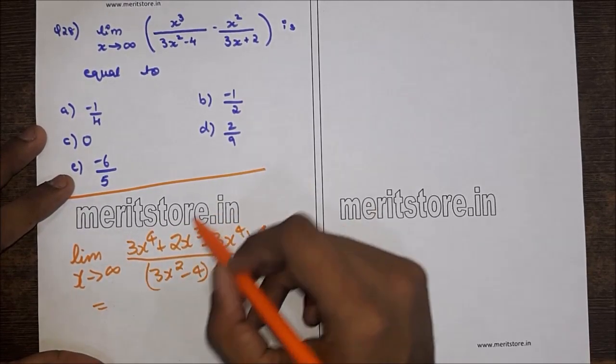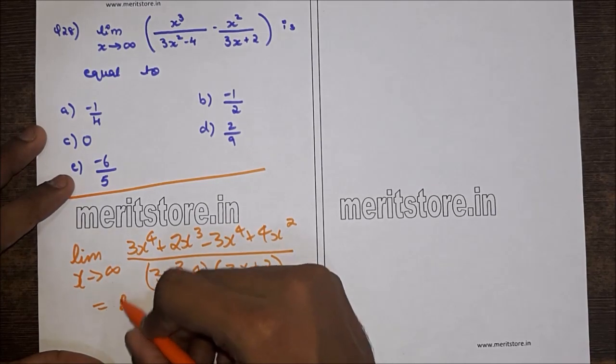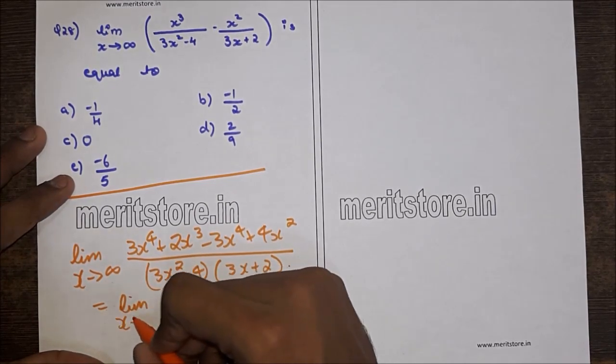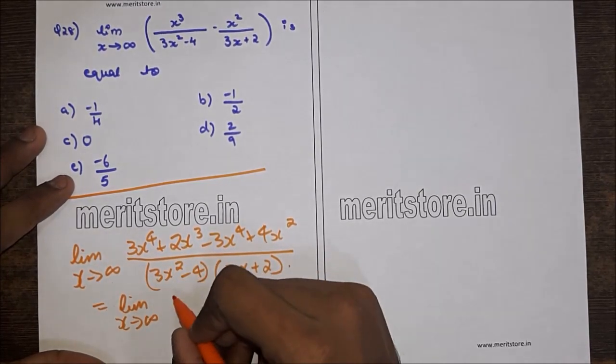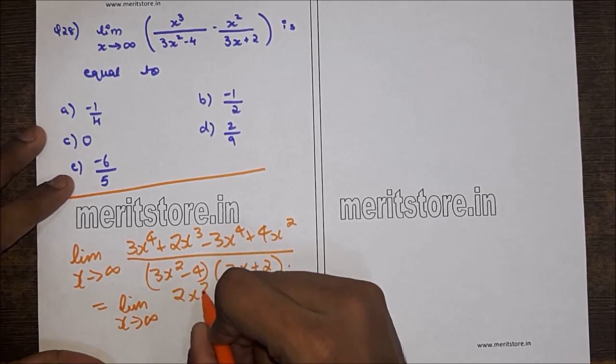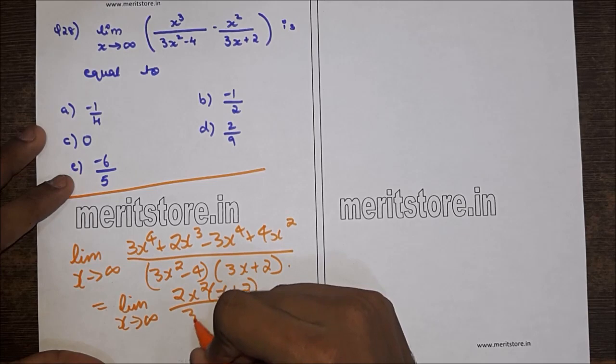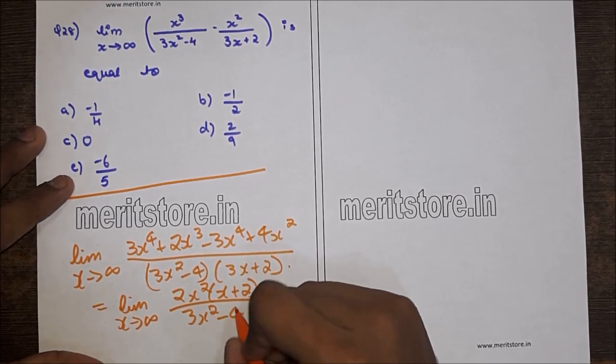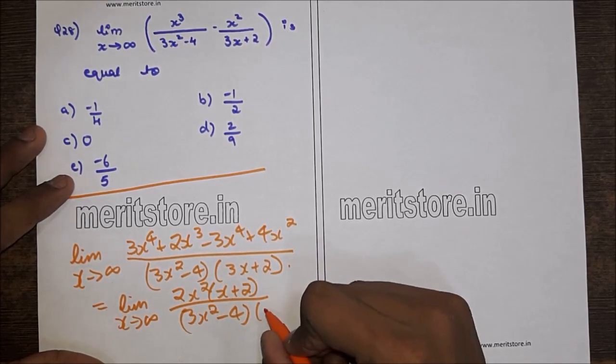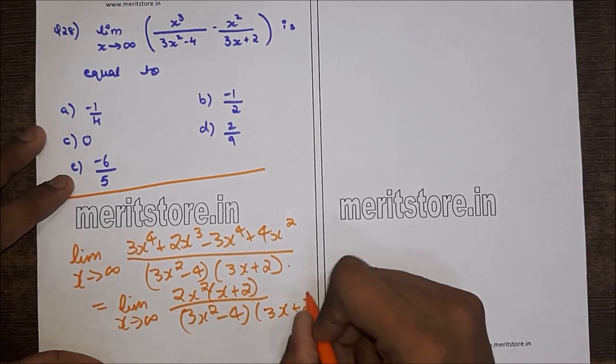Now we could write and solve this numerator, giving us limit of x tends to infinity, 2x square into x plus 2 upon 3x square minus 4 into 3x plus 2.